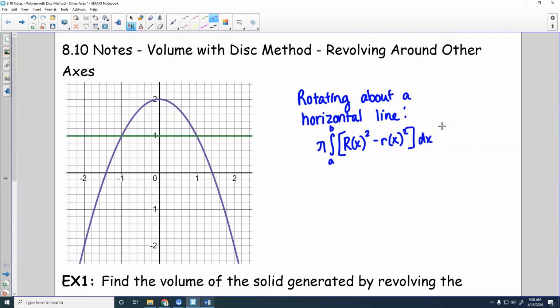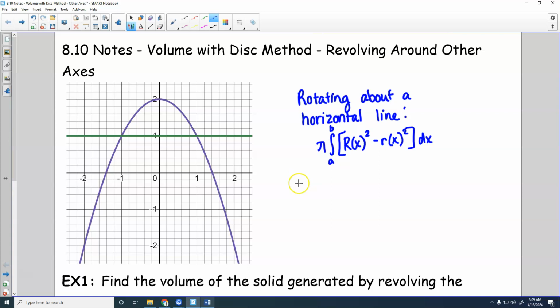Be in terms of x if you're rotating about a horizontal line. Even though it's not going to be the x-axis, it's going to be a horizontal line that is moved up or down, you're still going to use that same formula. It's just that what your capital R of x and your lowercase r of x are is going to change a little bit.